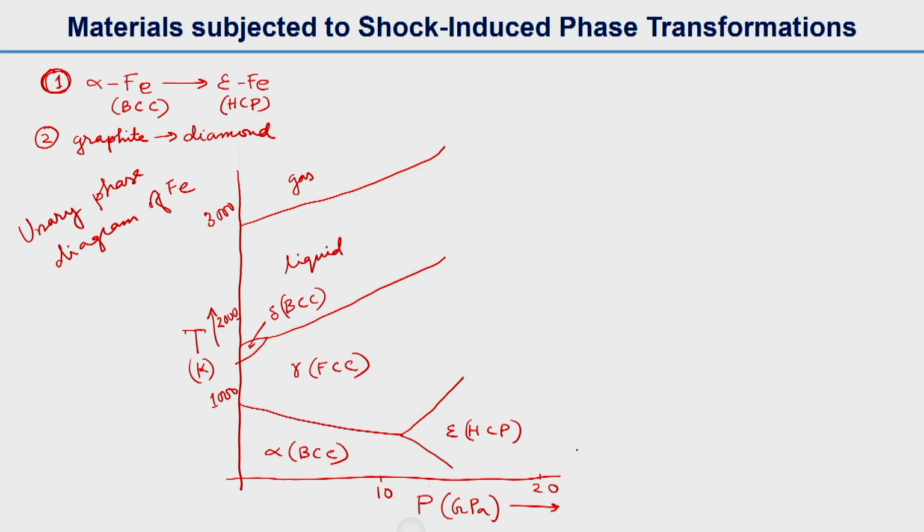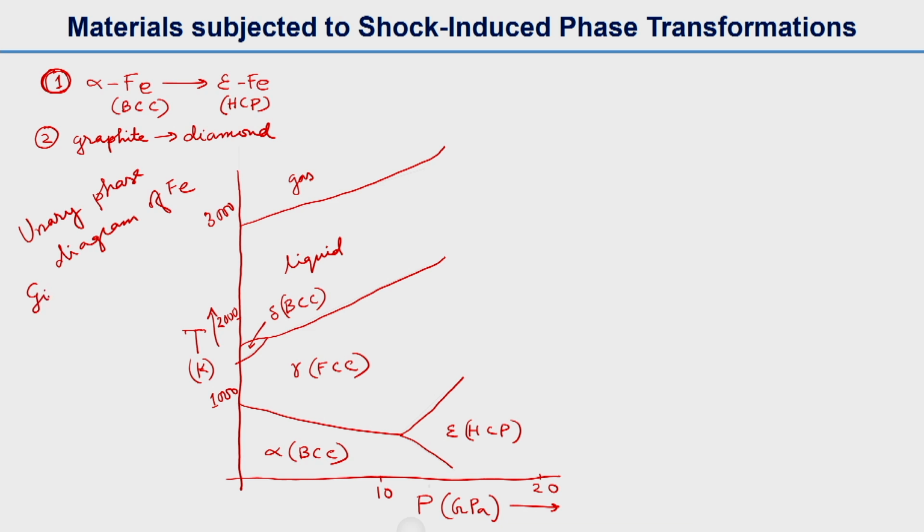As you know, I think all of you know about phase diagrams and about the Gibbs phase rule. I'm sure you have studied it in your undergraduate courses of basic materials science. The Gibbs phase rule is F equals C minus P plus 2.